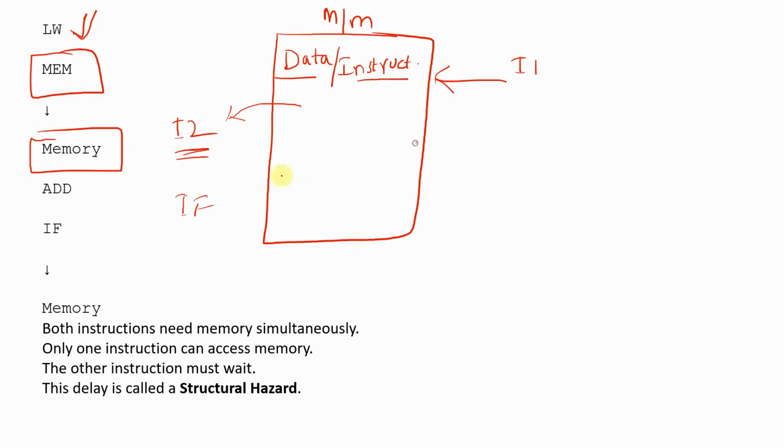This is nothing but the conflict, and this is my structural hazard. In modern processors, we are not going to get this kind of structural hazard, because modern processors, and the project we are going to do, have separate memories for data as well as instructions. That's the reason I'm not going to get this hazard.